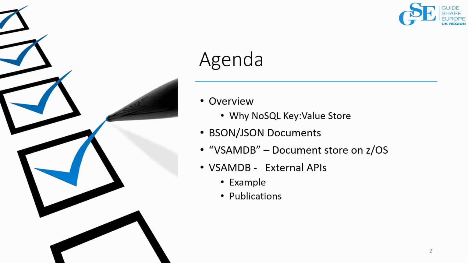And then we'll describe the capabilities we have today with VSAM DB and the current VSAM APIs that support it. To wrap up, I want to talk a little bit about future direction and the roadmap with this capability. You'll see as we walk through this, we have, I think, a very solid MVP, but there is room for improvement. So we'll talk a little bit about where we see this technology going in the future.